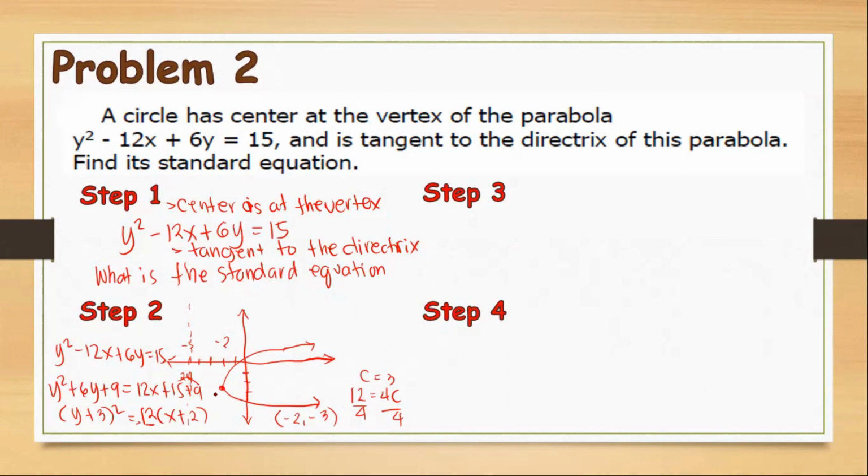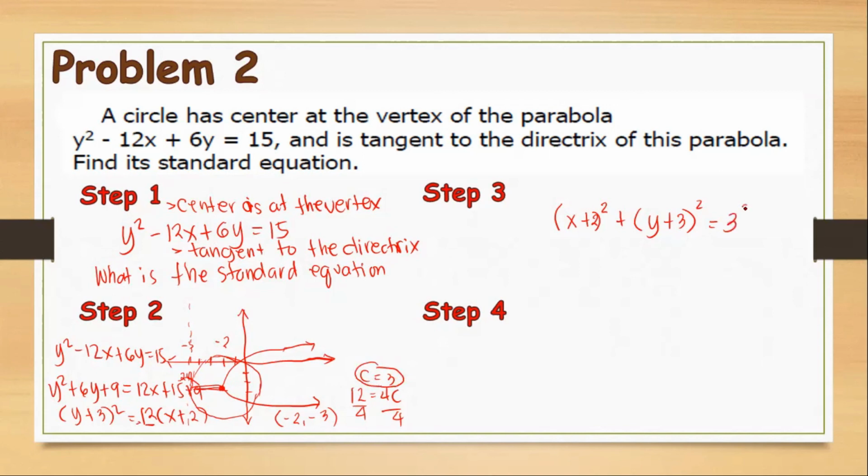So the center of the circle is at the vertex. So same vertex. We get the center at x plus 2 quantity squared plus y plus 3 quantity squared equals radius. So how are we going to find the radius? If this is the center of the circle, of course, and if it is tangent to this line, which is the directrix, it means that it is also 3 units from the center.